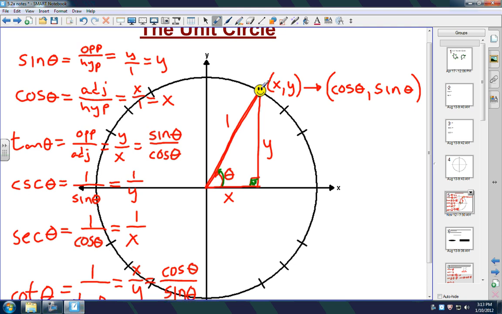So clearly it's an xy point. We're picking it in quadrant 1 because it makes things really easy to look at, but understand you could pick a point down here, you could pick this point, this point, this point. You can draw your triangles in there, and we'll talk about what they all look like in those respective quadrants. They're going to have an x value, a y value, and a radius of 1 in this case.